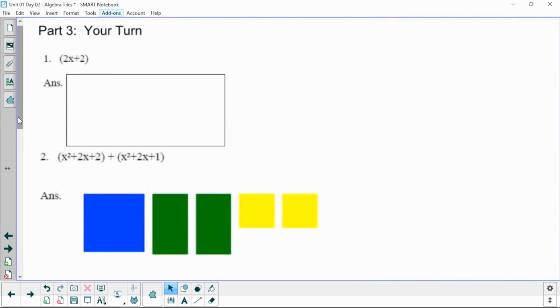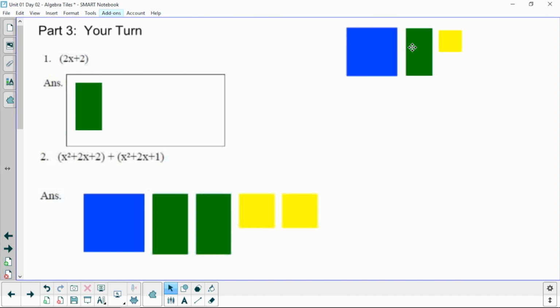On your turn page, try 1, 2, and 3. 2 is started for you, but not finished. For the first one, hopefully you just have 2 green bars and 2 yellow squares.